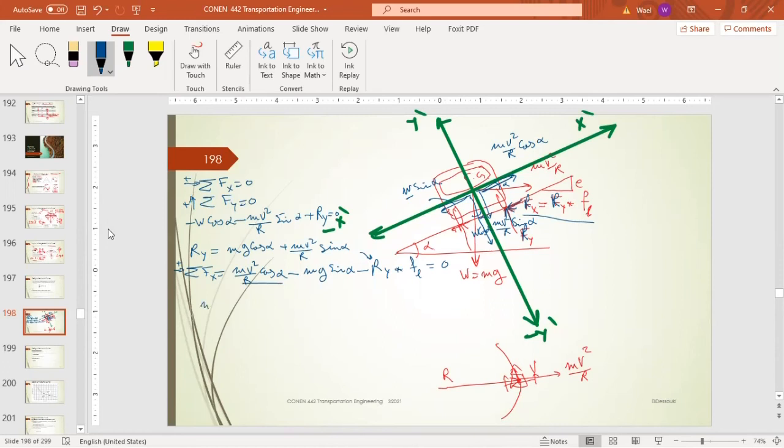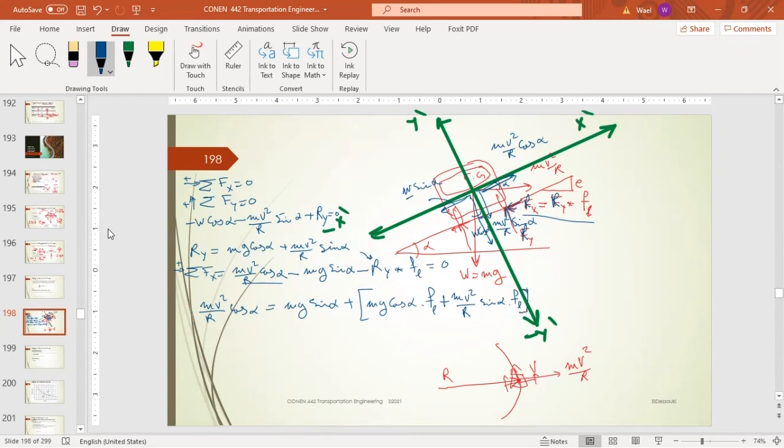So we have mv square over r cosine alpha equals mg sine alpha plus, instead of ry, we're going to put mg cosine alpha multiplied by fl plus mv square over r sine alpha multiplied by fl.